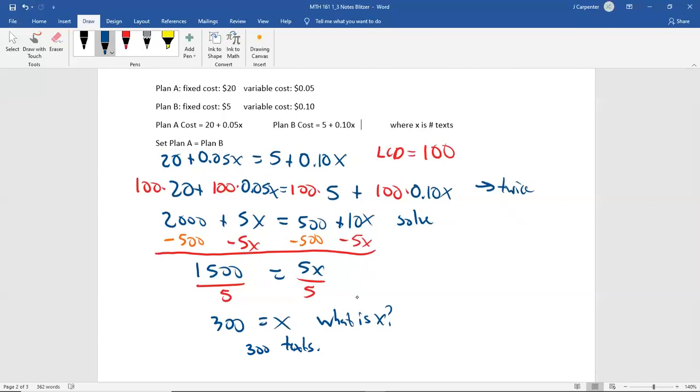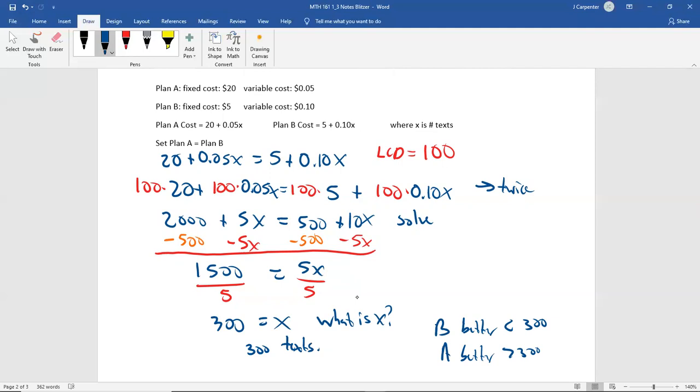So you can even take this concept and run with it and say, all right, well, because of the low fixed costs, if you're not going to send any text messages or anywhere up to 300, plan B is better under 300, but plan A is better over 300. You could graph these equations as lines and see that very clearly as well.